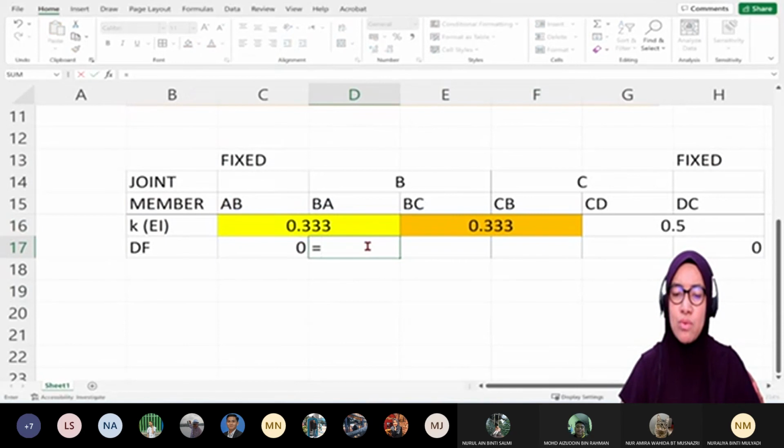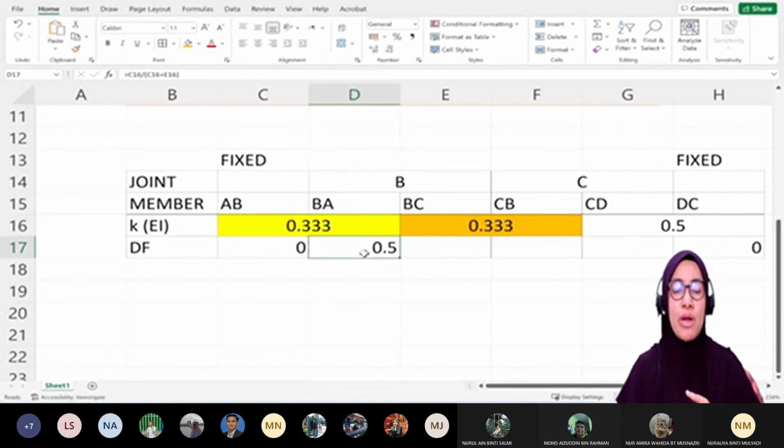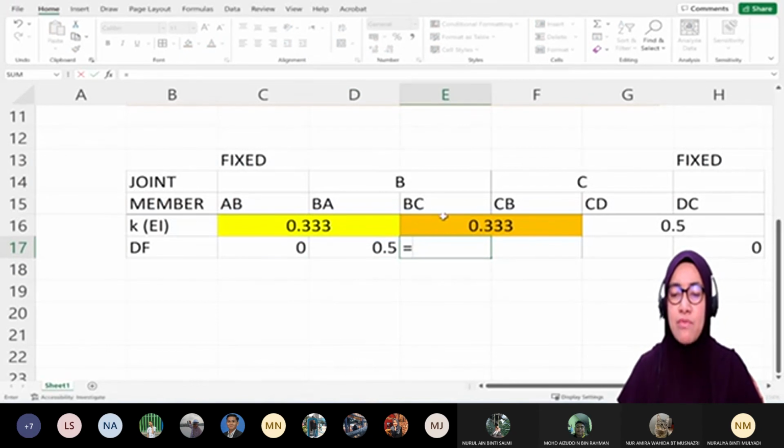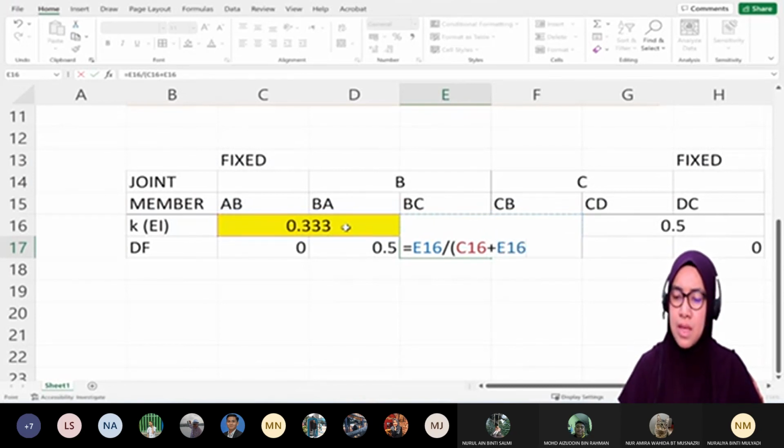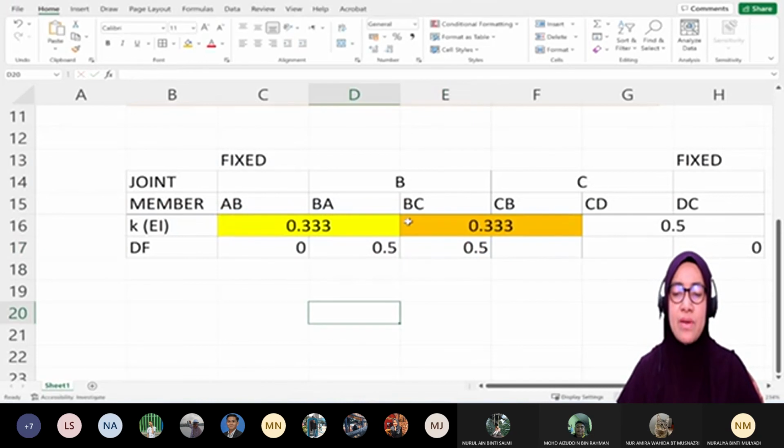So that's why to calculate distribution factor, it is 0.333 divided by total, which is 0.333 plus 0.333 from BC. So we get 0.5. For BC we use 0.333 divided by total K, we get 0.5. Or if we use 1 minus 0.5, also we get the same.